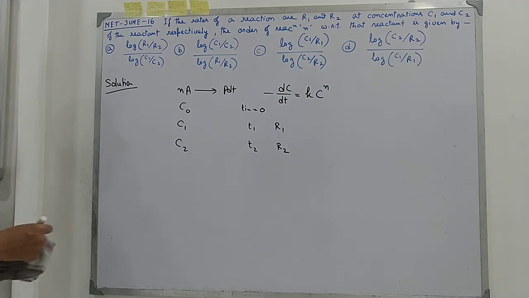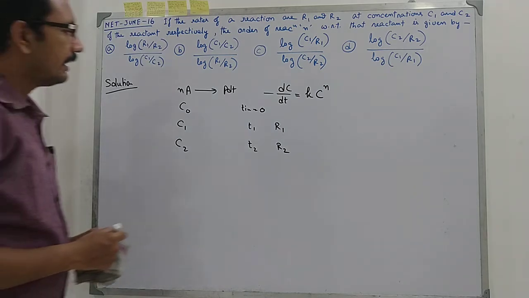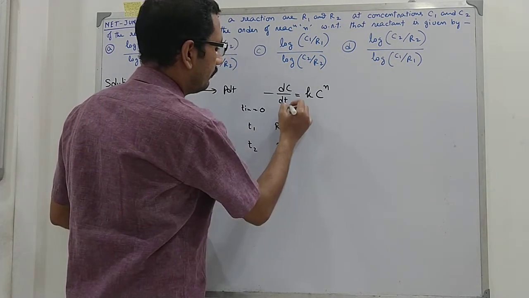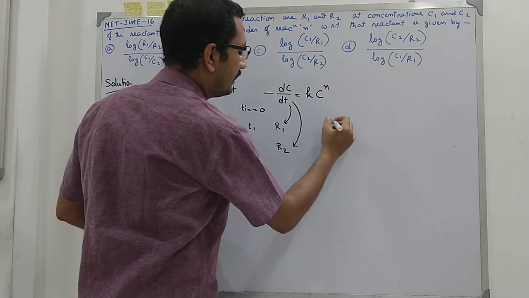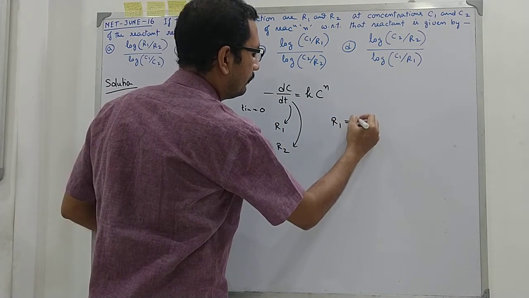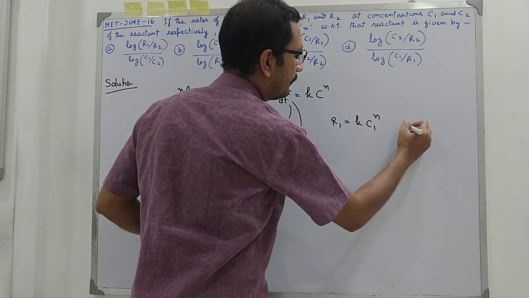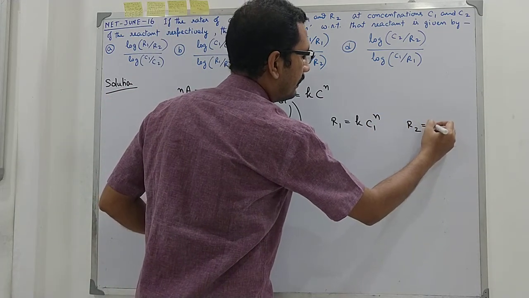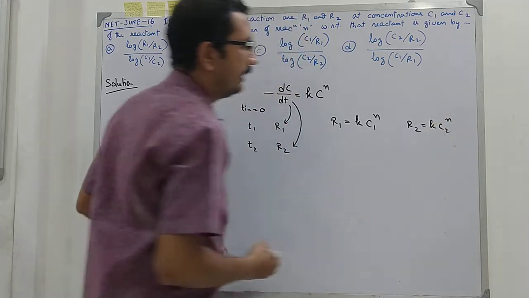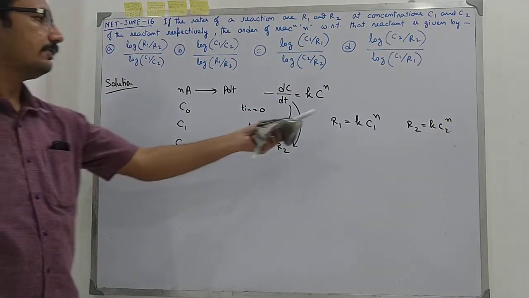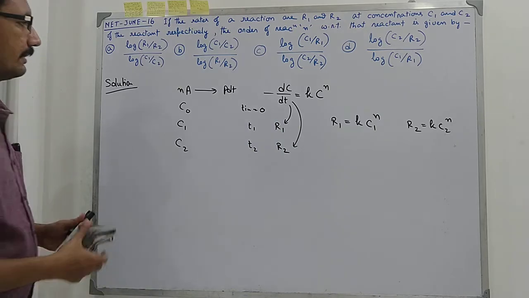It is given in the problem. So we can write R1 equals k into C1 to the power n, and R2 equals k into C2 to the power n. We have these two rate equations.